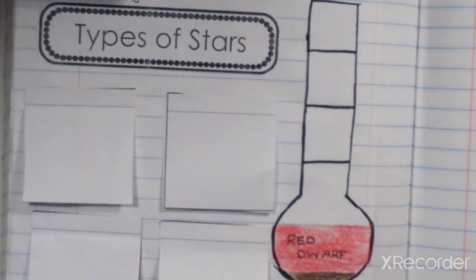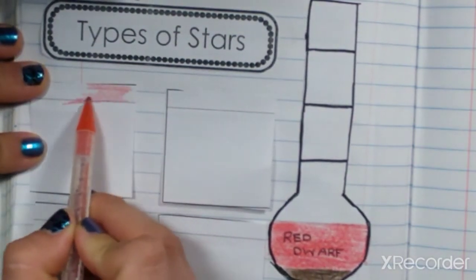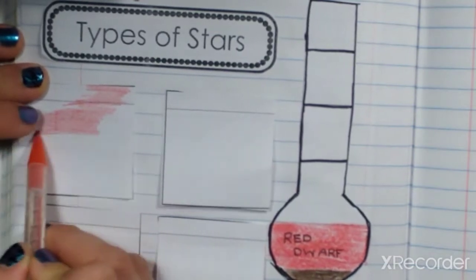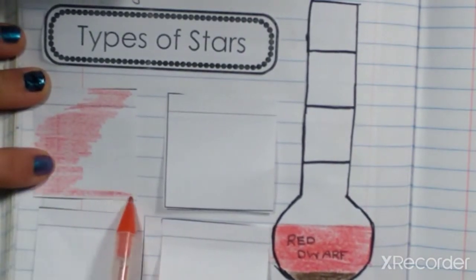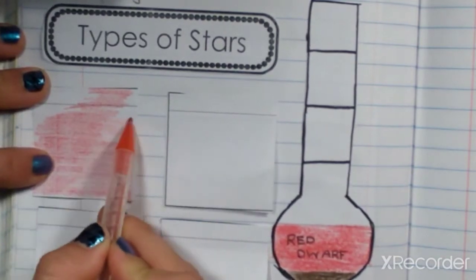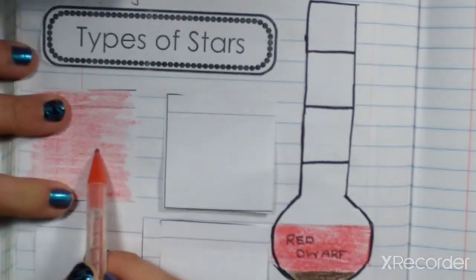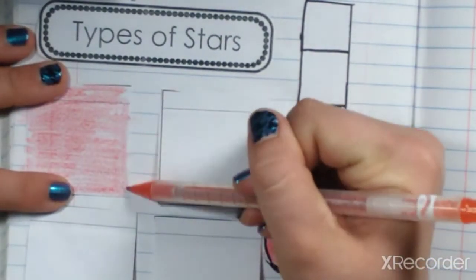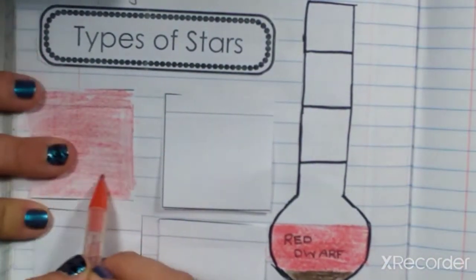I'm just going to color this here. It's going to be our red dwarf. Dwarf meaning small. So out of all the stars that we're going to talk about today, this one is on the cooler side, the coolest side. I will be going in order of temperature, so as I talk about them, the warmer they will get.